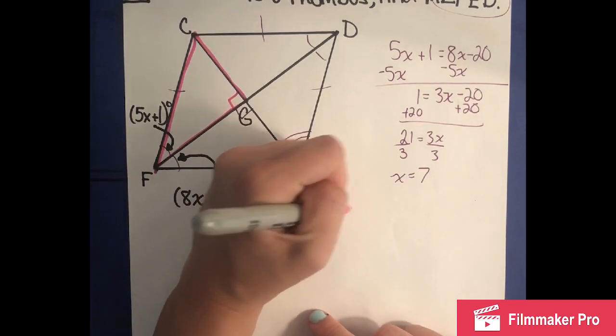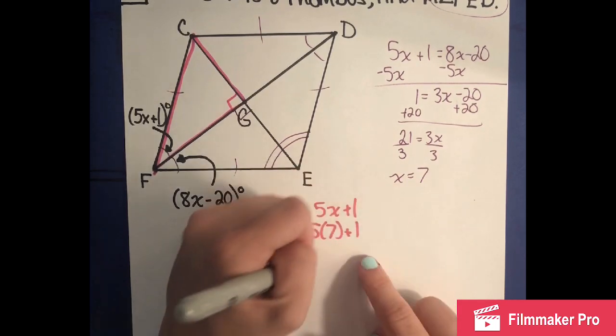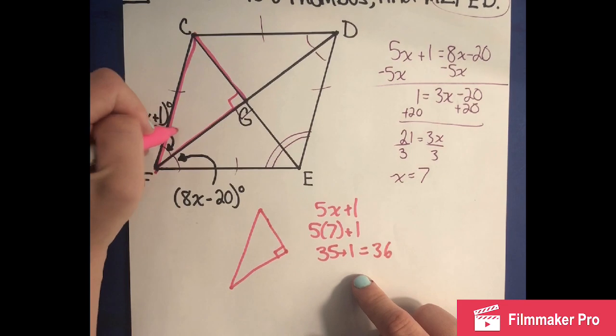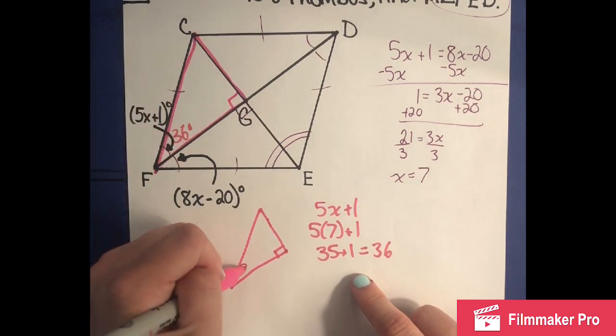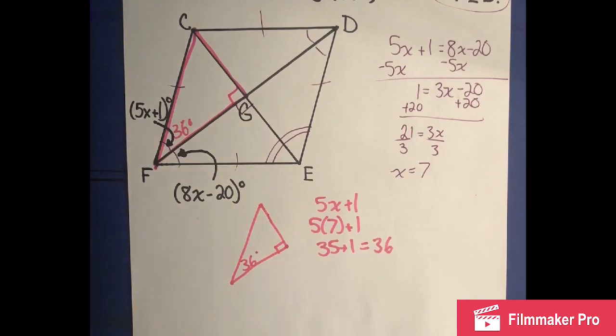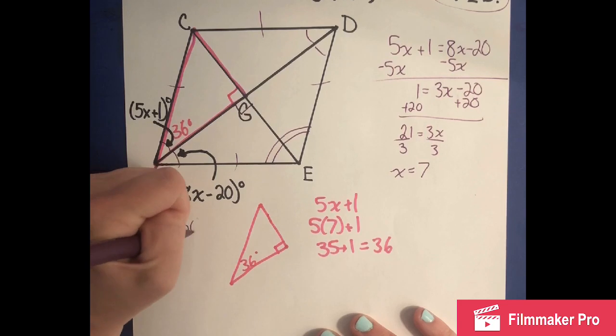Well, this is 5x plus 1, which is 5 times 7 plus 1, which is 35 plus 1, which is equal to 36. So this is 36 degrees. How do I find up here? I do 180 minus 36 minus 90.